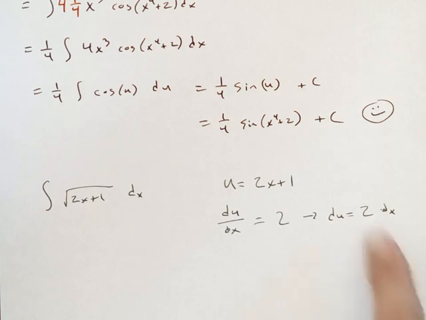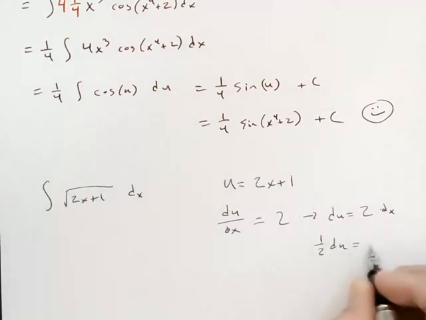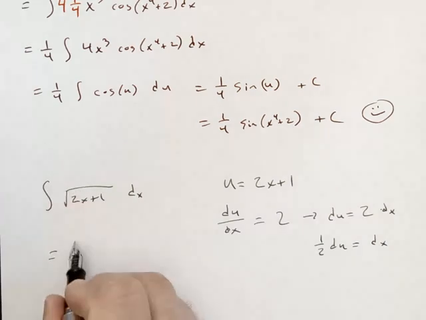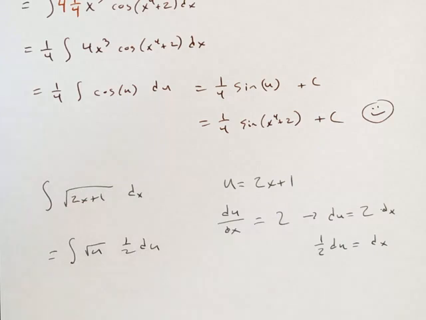So I can manipulate it over here, or I can manipulate it over here, but that means I'm going to show up with a factor of 1/2 floating around. I can write 1/2 du equals dx, and then my integral is completely rewritable.